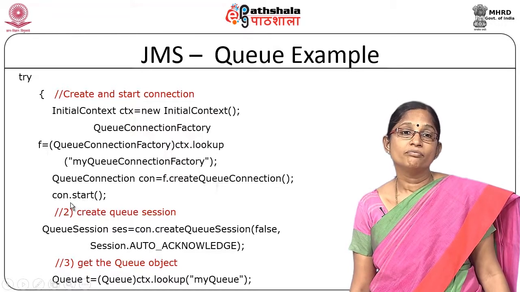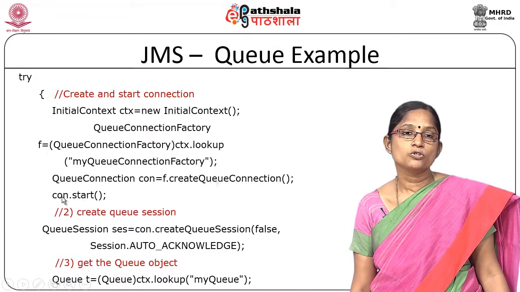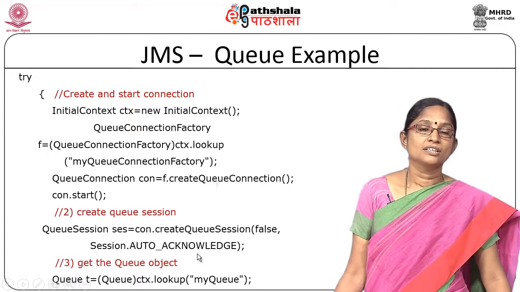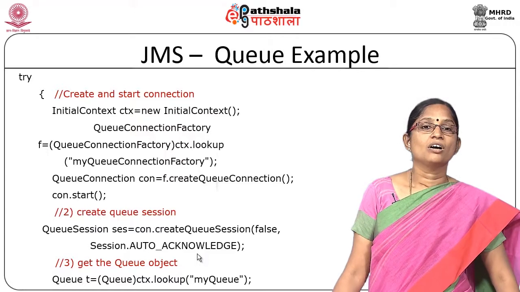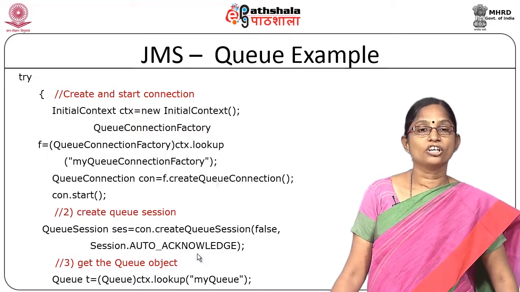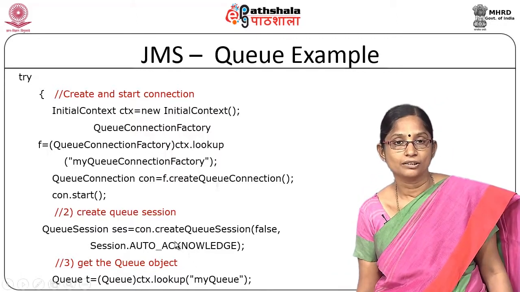Again, from the connection, we are supposed to create the session. So we call the connection object, con.createQueueSession(false, Session.AUTO_ACKNOWLEDGE). That is the acknowledgement: once the message has been received, the acknowledgement will be sent automatically. That is why we give auto acknowledge.